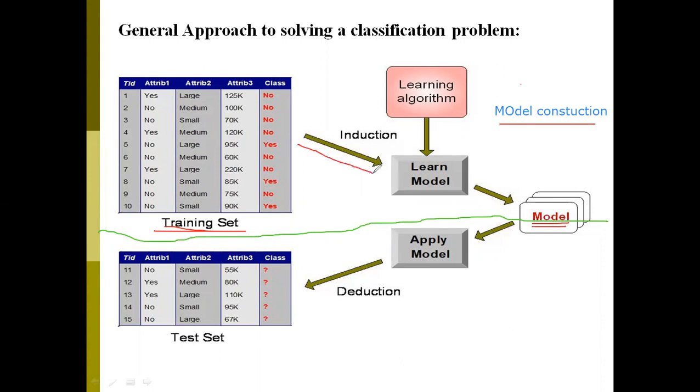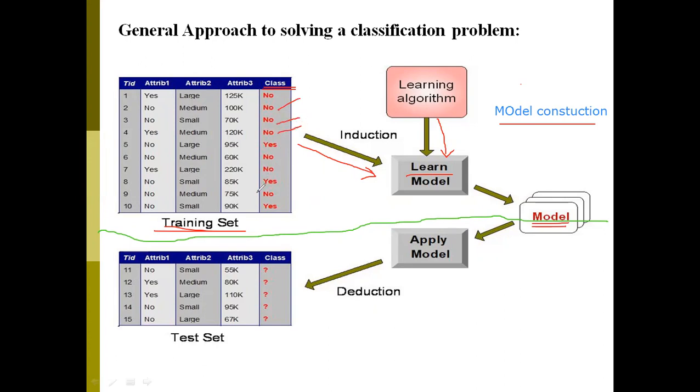This is the process. What is this model? It is called a learning model, or a learning algorithm. In this training set, we know the class. Under the class attribute, we have the class label for each and every record.